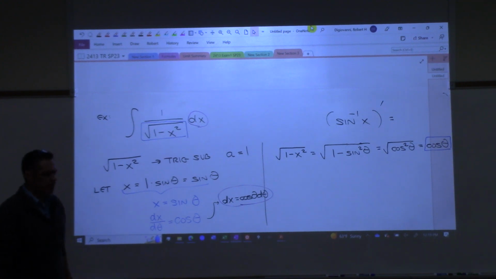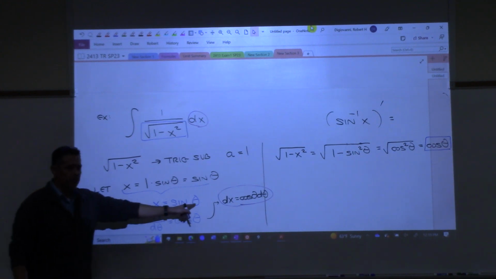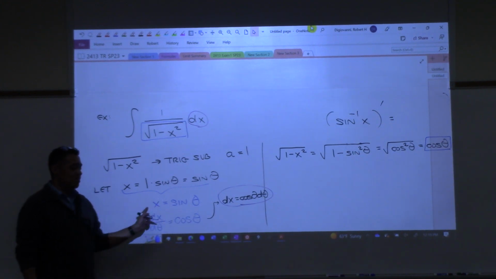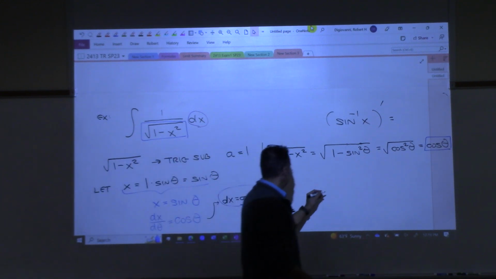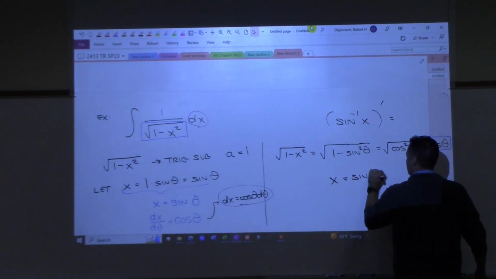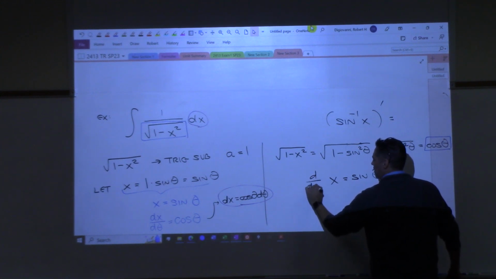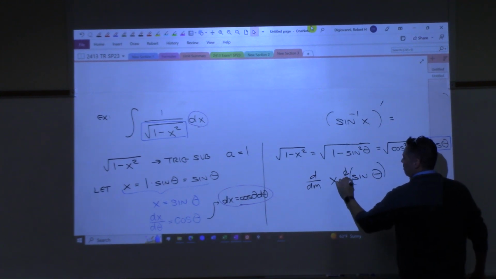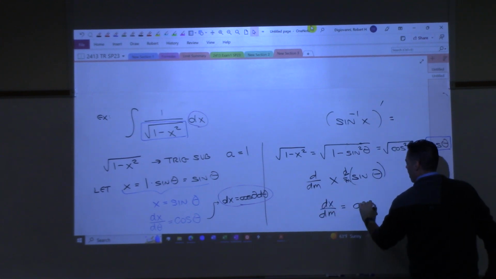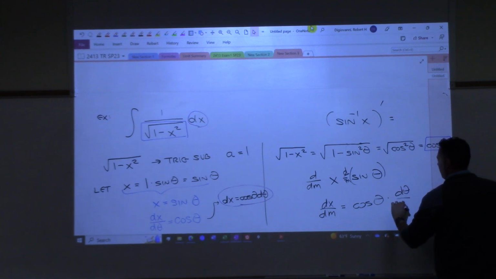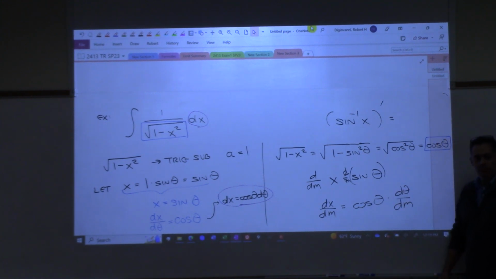So you can always differentiate with respect to any variable, even if it doesn't appear here. If I differentiated both sides with respect to m, a variable that's not even here, I would get dx/dm equals cosine theta times d theta/dm.